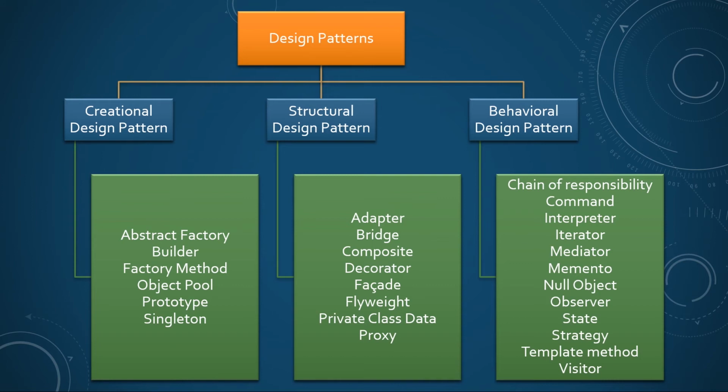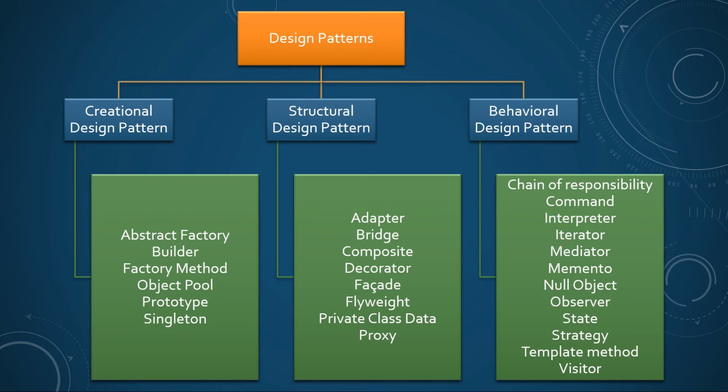The structural design patterns are all about class and object composition. Structural class creation patterns use inheritance to compose interfaces. Structural object patterns define ways to compose objects to obtain new functionality.